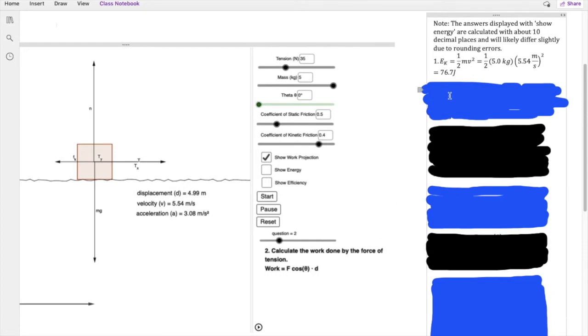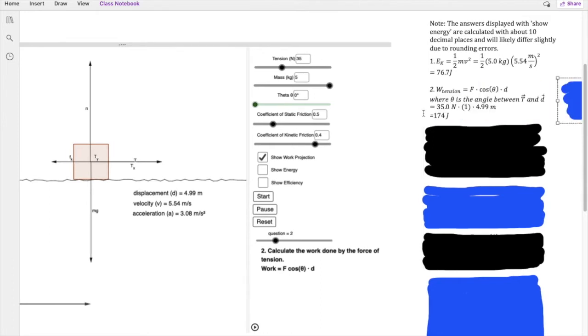So if we go along to our very elegantly planned animations, we can see the calculations for the work done by the force of tension. That's going to be the force times cos theta.